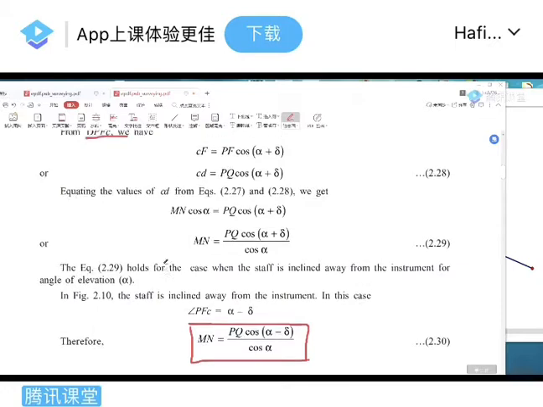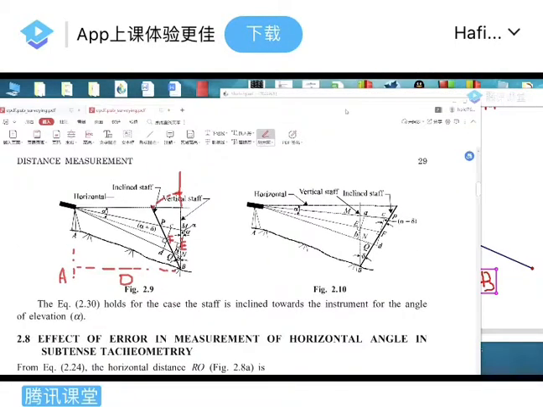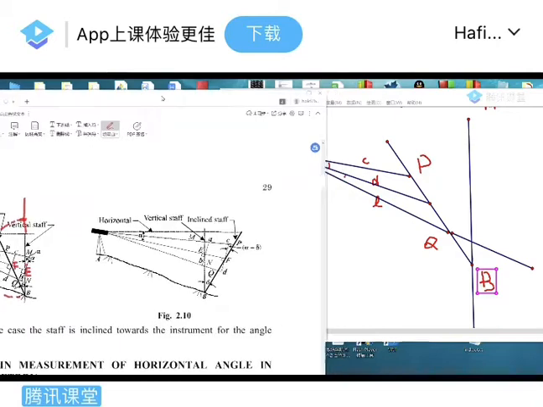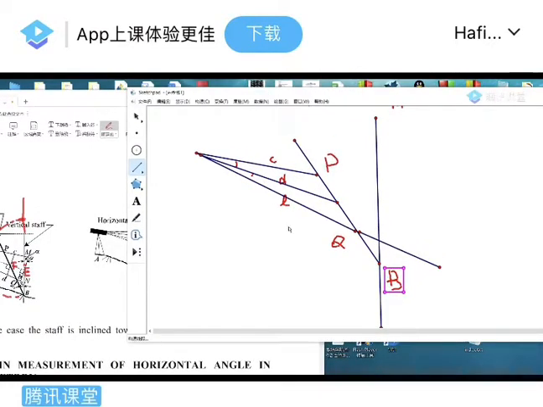Otherwise, I would prefer to jump to GPS, but GPS normally you don't use it. Theoretical is important, but in real life, I use a tachymeter more often than GPS. But GPS is very important, so I intend to teach you GPS as well, but we have to finish this first.